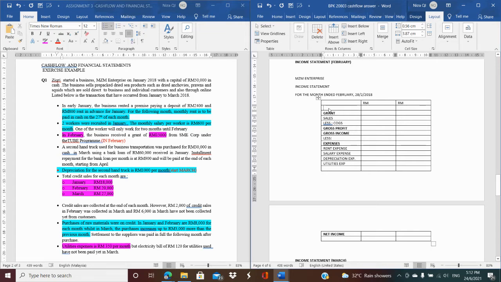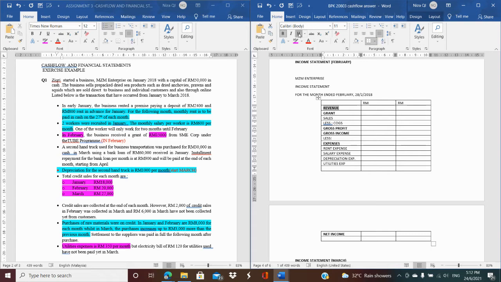List out the same expenses that will be recurring. These are the expenses that will be recurring every month. Only that sales and cost of goods sold are the same, only now you're going to add grant. Because like I said previously, grant is treated like an income, so it's not an equity.